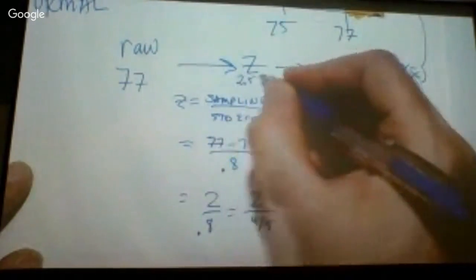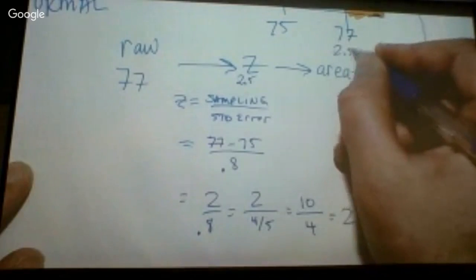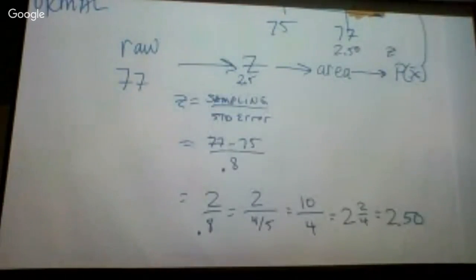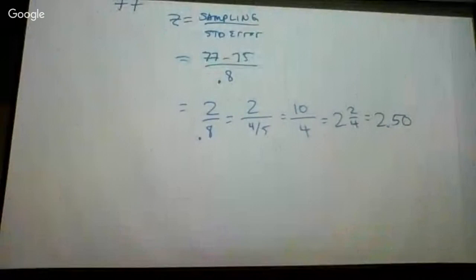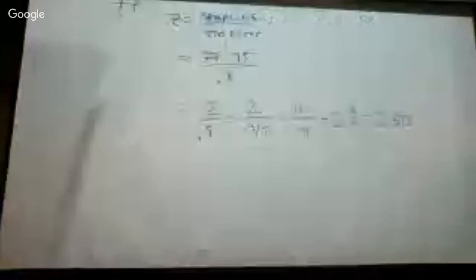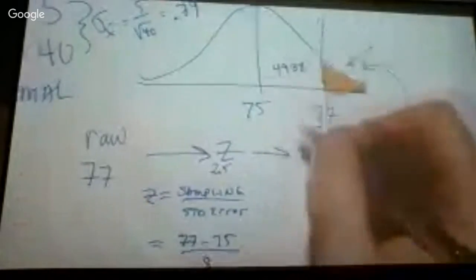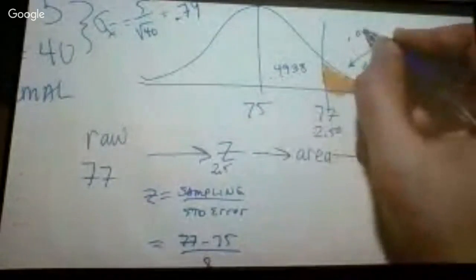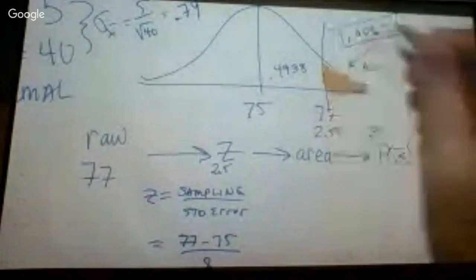Z-score of 2.5 gives me an area of about 0.4938, which leaves me 0.0062 over there.